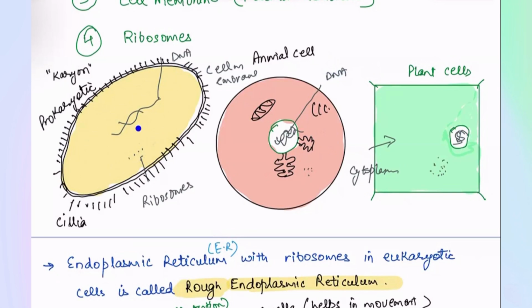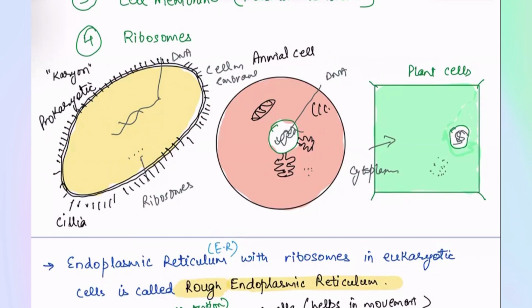So let's see what is inside a prokaryotic cell. Prokaryotic cells have a cell membrane, also called plasma membrane, and a cell wall. The cell wall is made up of peptidoglycans. It also has hair-like appendages called cilia, which help it hold the substratum.